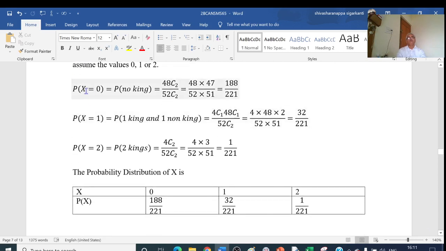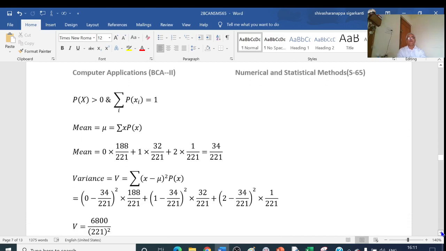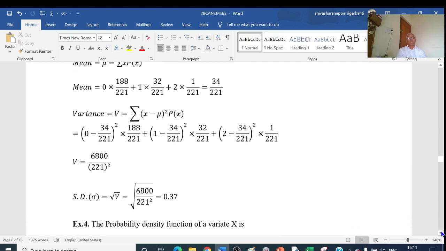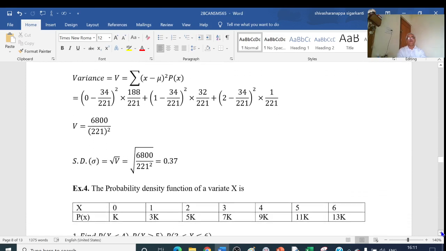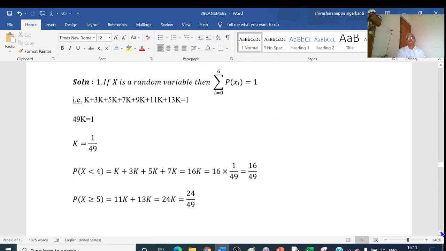That is finding the possible values, P of x equal to 0, P of x equal to 1, P of x equal to 2, and writing the table. Then we find the mean, variance and the standard deviation. Up to that table you will get 3 marks, the remaining you will get 2 marks.